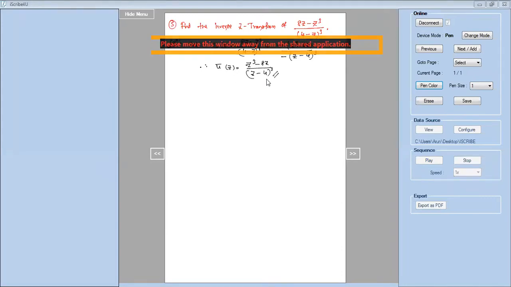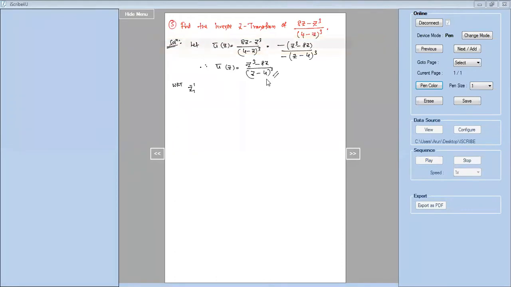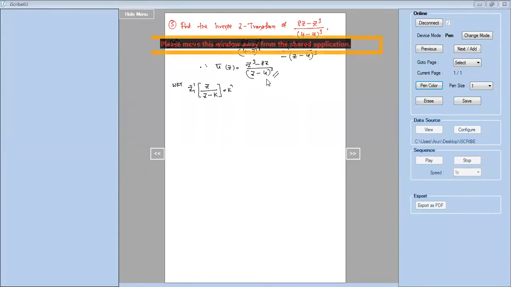So I'll just write the formulas. We know that the inverse z transform of z by z minus k is k power n. Inverse z transformation of z by z minus k whole square is k power n into n.